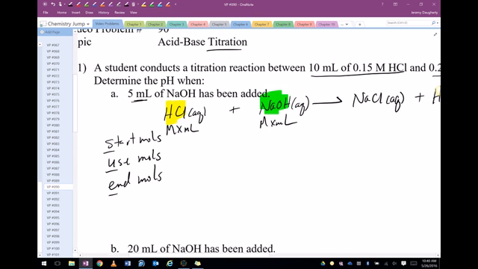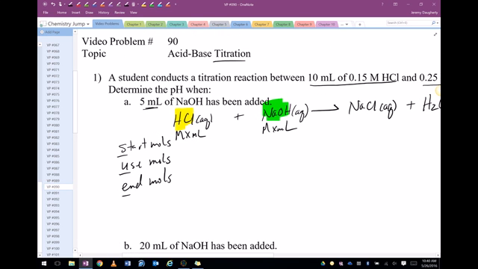So for the HCl it's going to be 10 times 0.15, which is 1.5. Now that's millimoles. And then for the sodium hydroxide, it's going to be 0.25 times 5, which is 1.25. And again, that's millimoles as well.